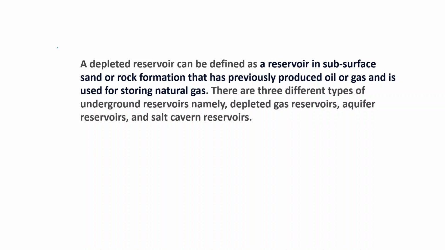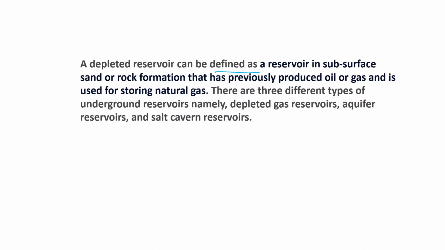Just read: a depleted reservoir can be defined as a reservoir in the subsurface, meaning underground sand or rock formations, that has previously produced oil and gas and is used for storing natural gas. Natural gas here means hydrogen, methane.